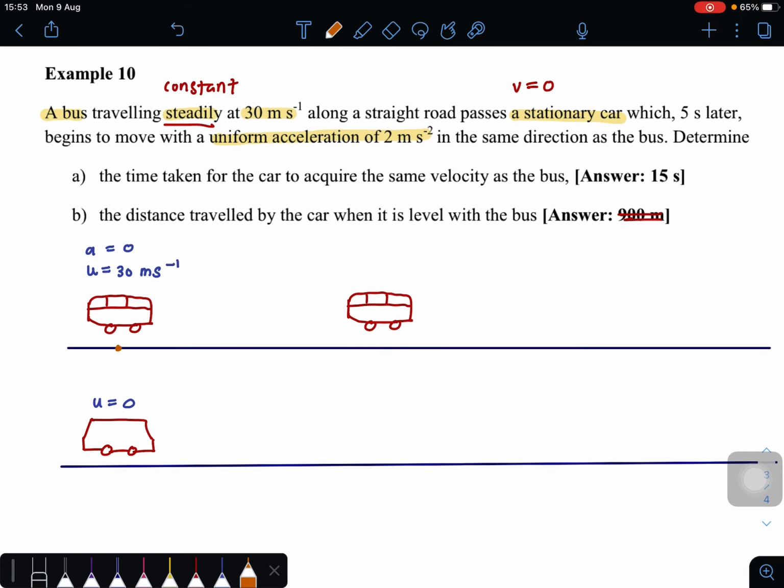So kita letak sini point A, ni point B. Okay, point yang sama. Point A maksudnya point yang sama dengan kereta dan bus.